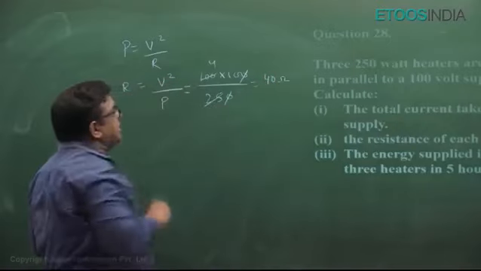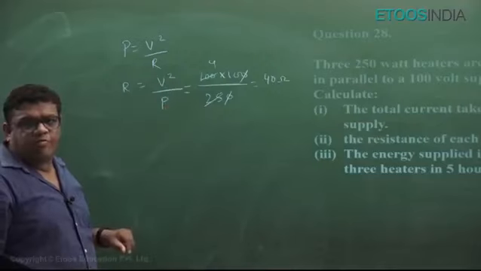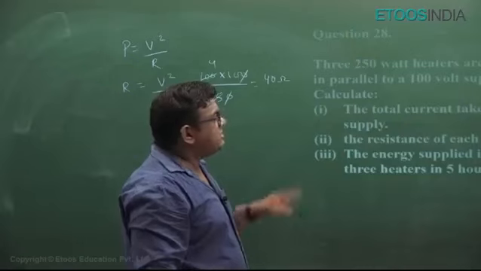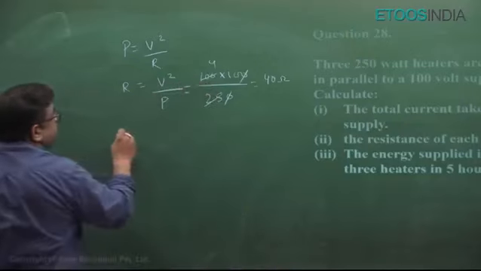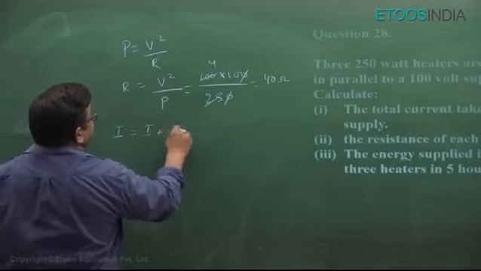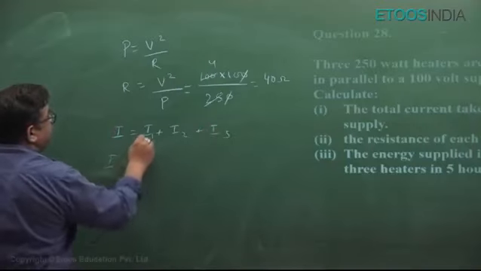So the resistance here comes out to be 40 ohm. Got it? Now what we need to find out is the total current. So the total current I is equal to I1 plus I2 plus I3. So total I will be, what is I here?